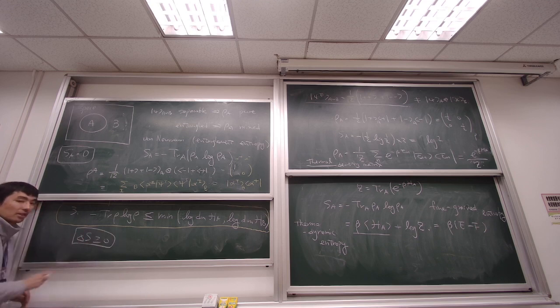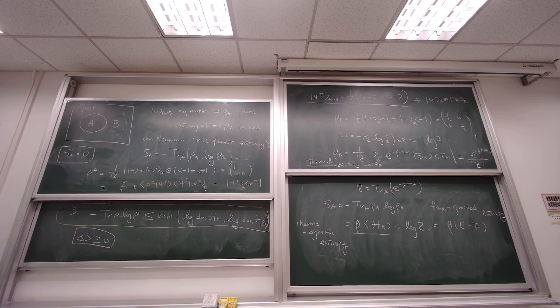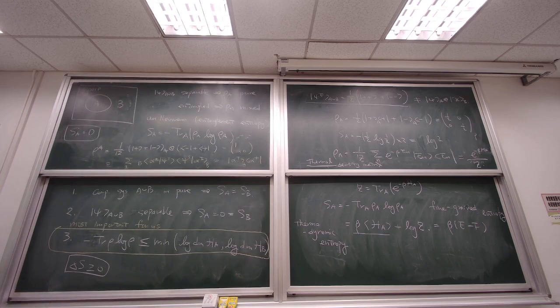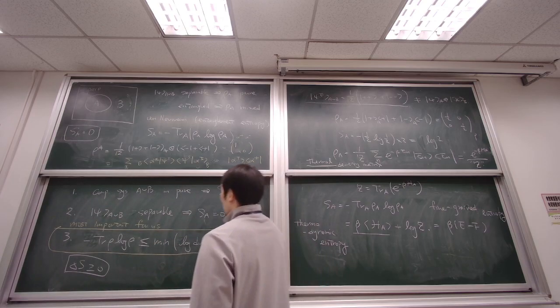So this is not relevant for fine-grained entropy or for normal entropy. So that's the most important part. And then also strong subadditivity and so on. It's also important for other cases, but I'm not going to go into detail.